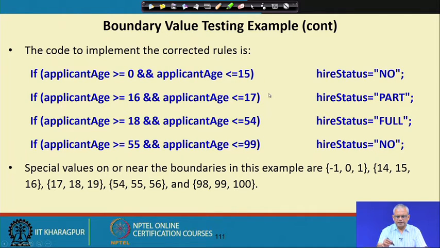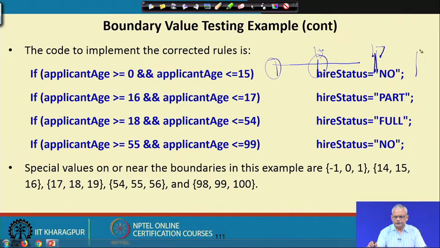So, if we look here, we have one boundary that is less than 0, another boundary here at 15 and 16, and another here at 17 and another here at 54 and so on. We must include the boundaries here. For each boundary, we take a test case which is just on the boundary, one on the higher side and lower side and so on. So, each of these is a test case.